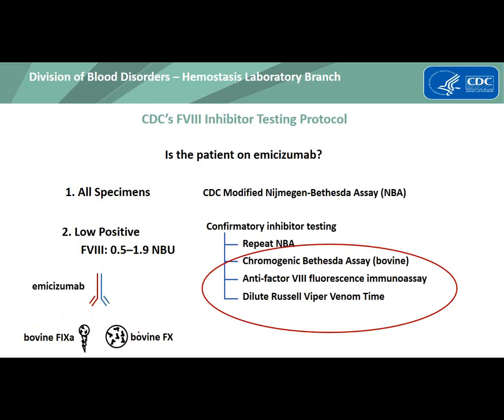So emicizumab's presence in the reaction for the chromogenic Bethesda assay has no effect on this reaction, and so the results are legitimate. We also look at the anti-factor VIII fluorescence immunoassay on these specimens, as well as the dRVVT, the dilute Russell viper venom time, to look for lupus anticoagulants.